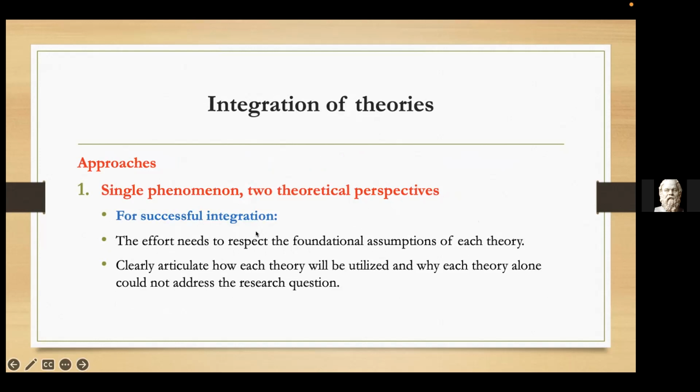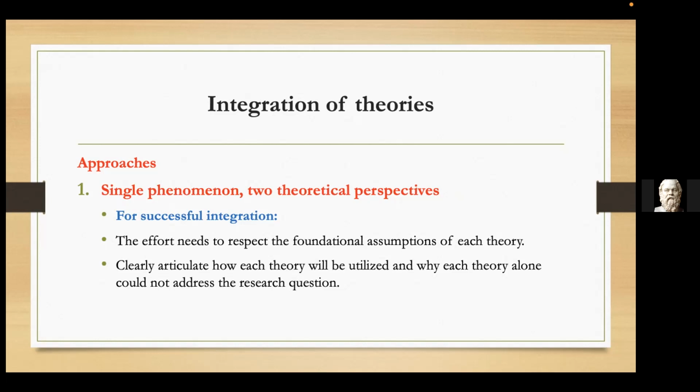You're saying you're going to use resource-based view theory combined with transaction cost economics theory. What are the underlying assumptions? Can they work together in order to provide this explanation that you want to explore?